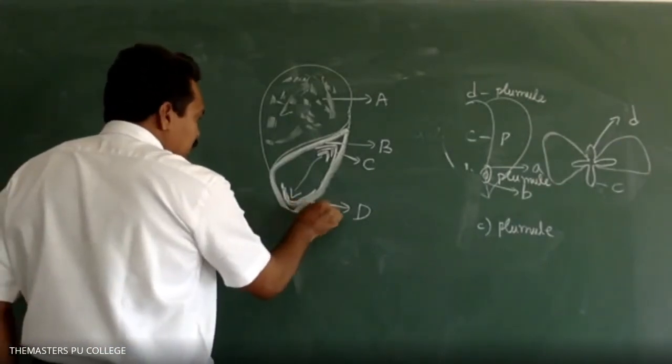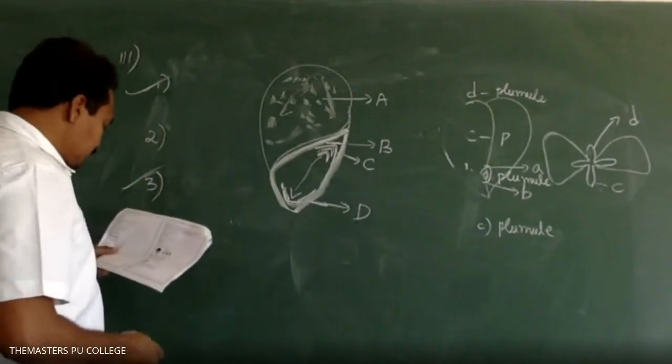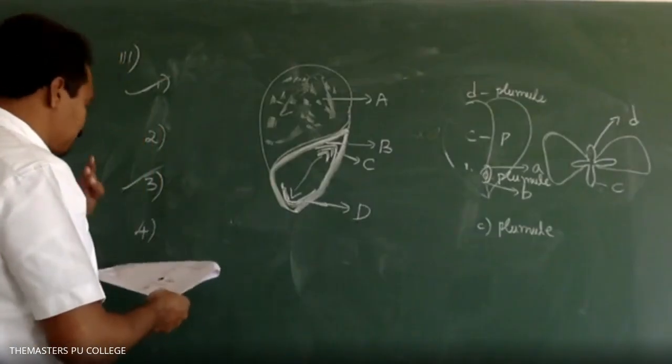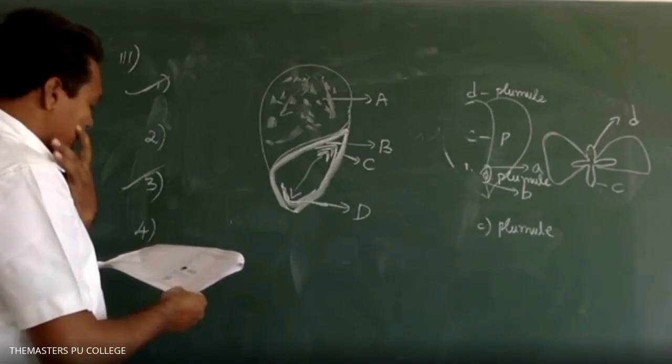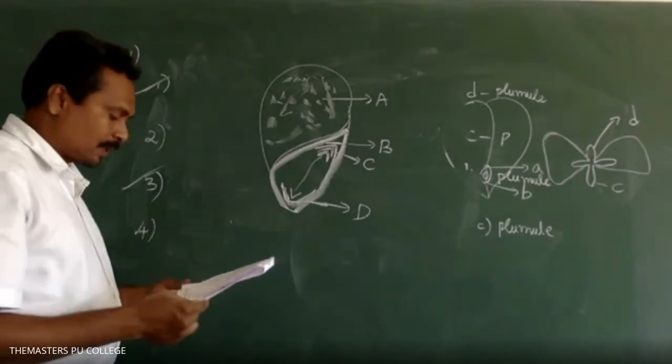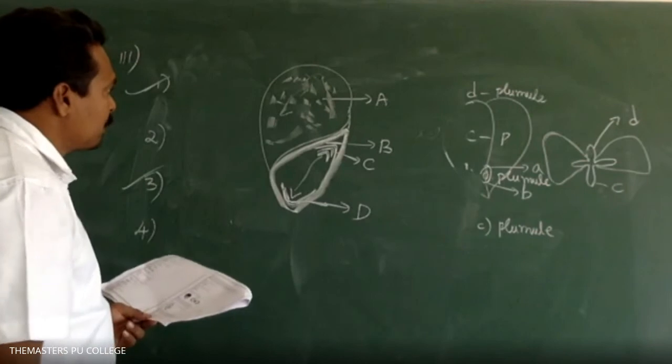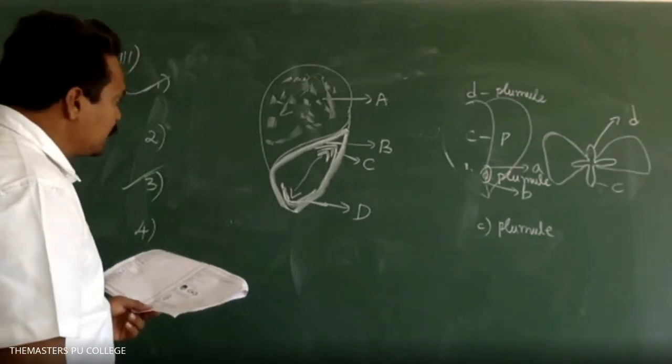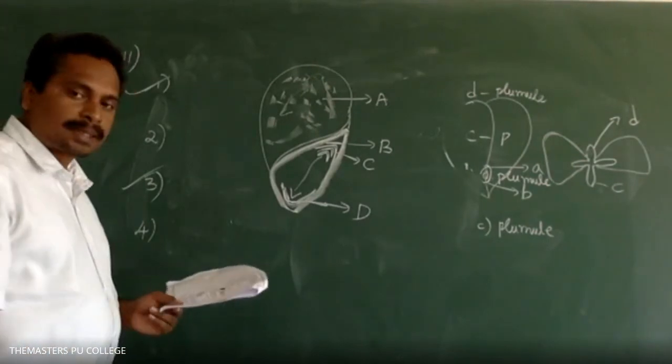D is coleorhiza. Which option is the correct answer? A, endosperm, B, scutellum, C, coleoptile, and D, coleorhiza. Fourth option is the correct answer.